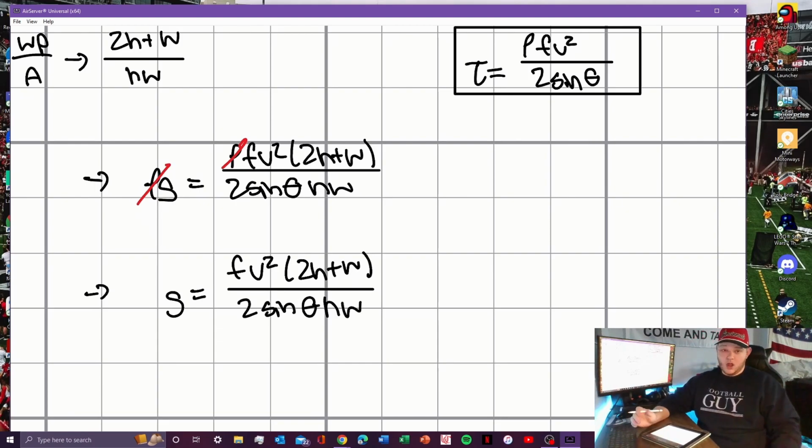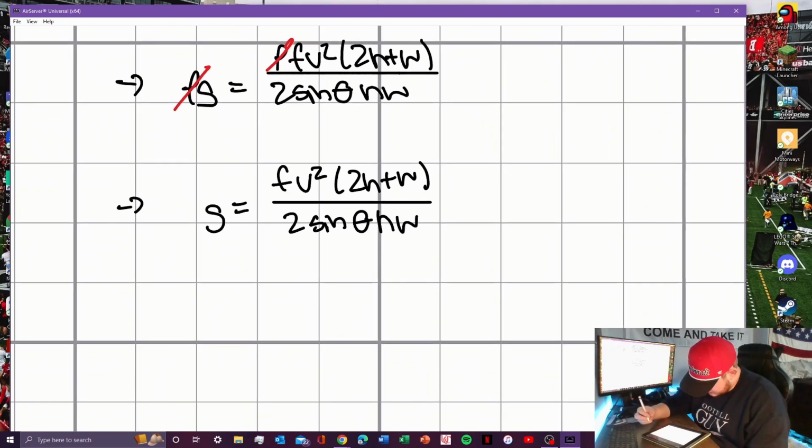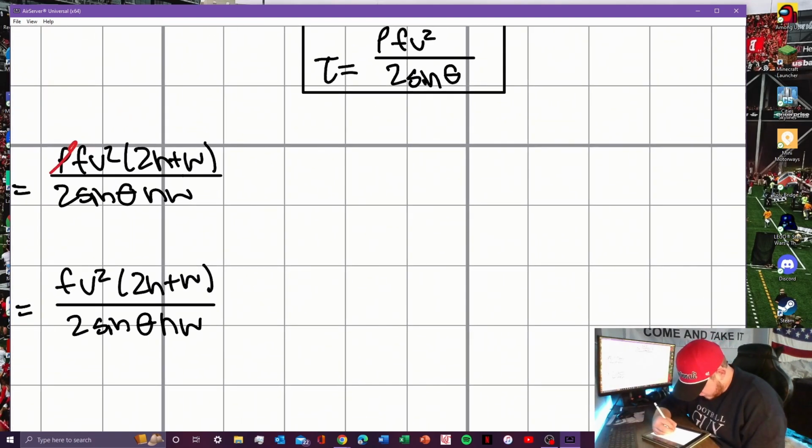Now, we know all of these parameters except for the velocity here, but we do know that velocity is equal to the flow rate over the cross-sectional area. And we know that the cross-sectional area is equal to height times the width.